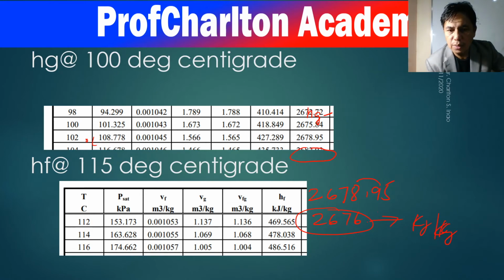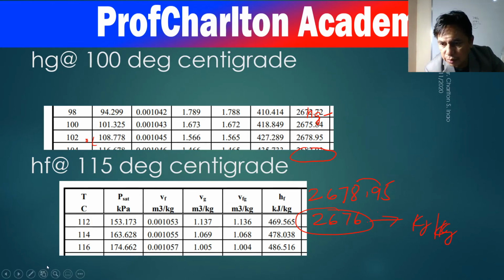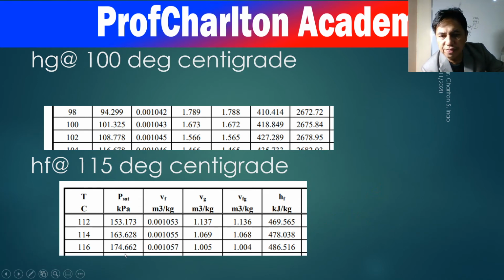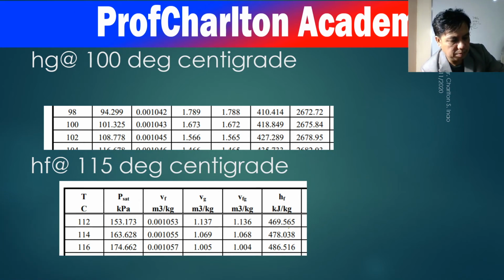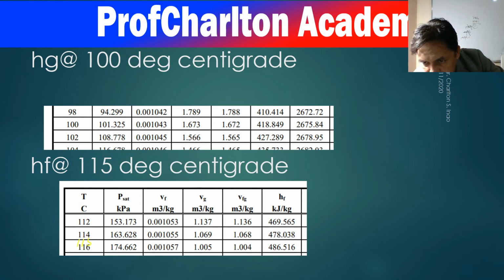Okay. So now here, I think what I have to do is to erase. So this is 115. Let me use another pen that is more visible. What we are concerned with is 115 saturation temperature, and it lies between 114 and 116.